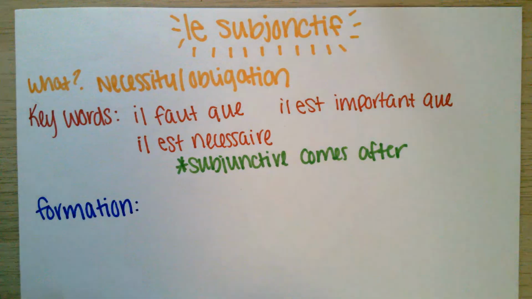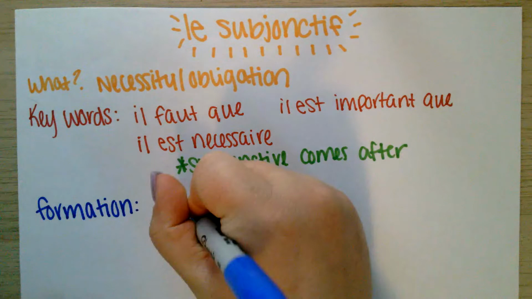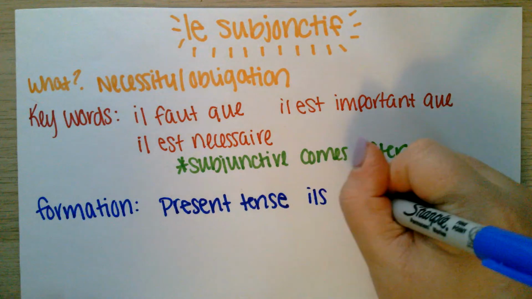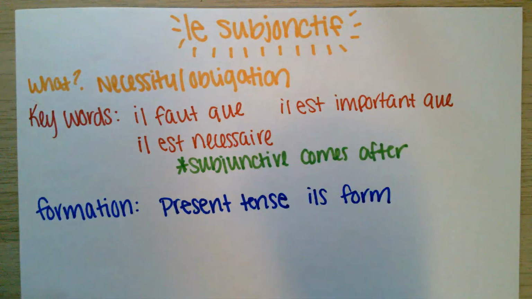The important thing to know is that you're going to use the present tense in the il form. Normally, when we're conjugating tenses, we use the nous form. This time it's il, so that's important to remember.